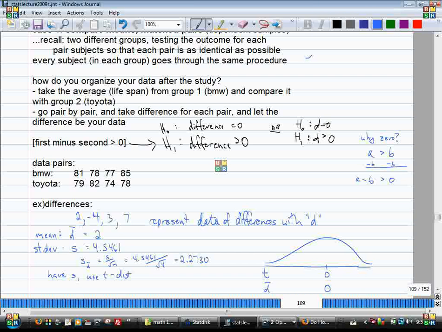Remember that we have H0, D equals 0, H1, D is greater than 0. So mu for D bar is 0 because it comes from our guess for the population.